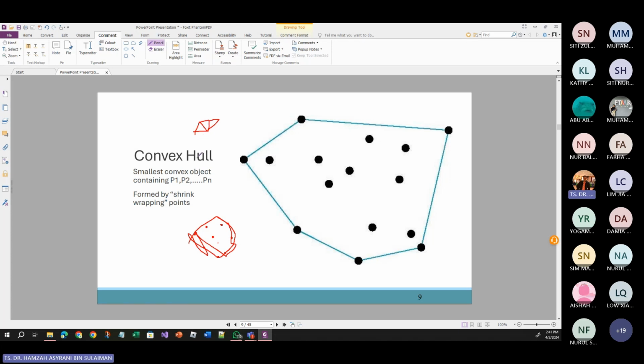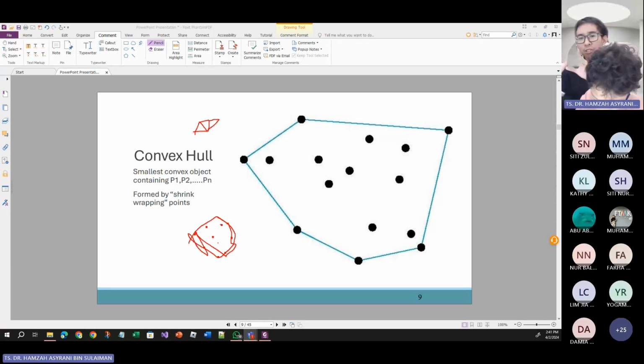Imagine detecting collision for each of the points. In the computer world, when you want to detect collision between one object and another object, you must check one by one. For example, object A has 10,000 polygons and object B has 10,000 polygons. Each of the 10,000 must be checked one by one, let's say A0 until A9999.